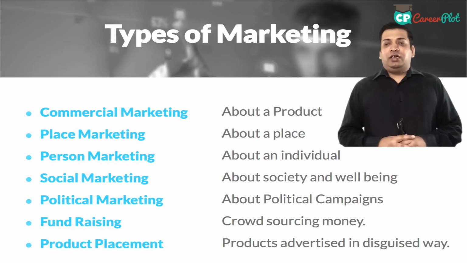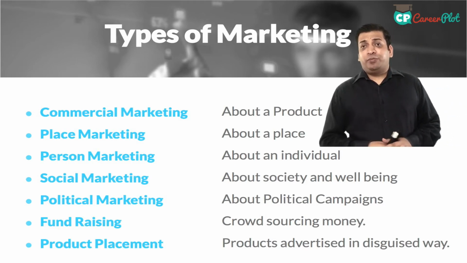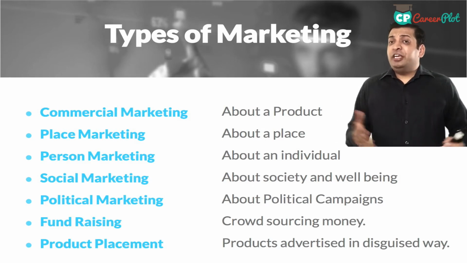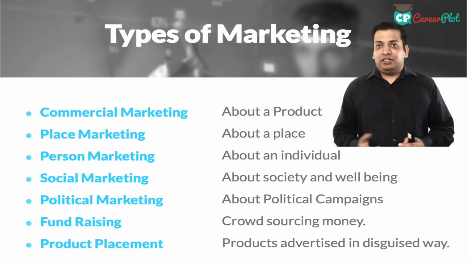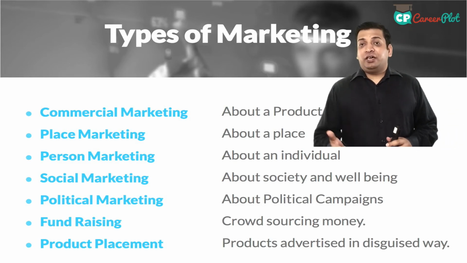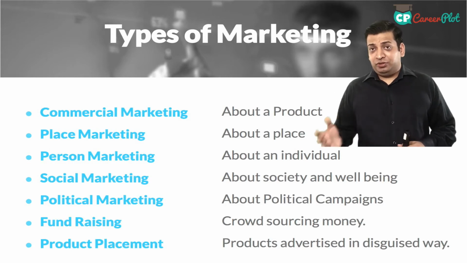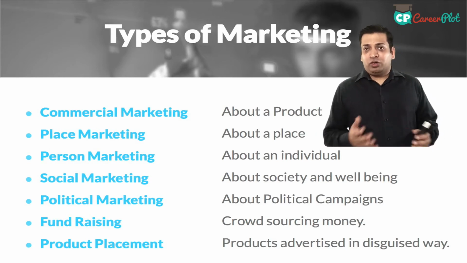And the last type of marketing is called product placement. Typically these are disguised marketing. They are not direct marketing, as in the case of the advertisements you see. Let's take an example of Coca-Cola.